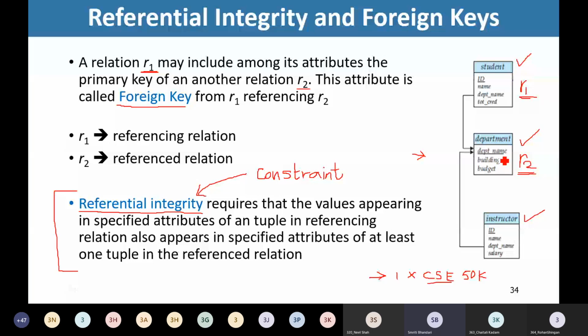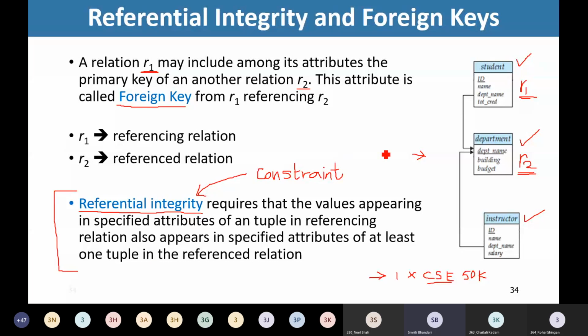Then only is it possible for me to use that in my instructor table. So simply it provides the constraint that unless and until that department exists in my department table, I am not able to use that department in any of the tables. And this is the condition that ensures referential integrity.